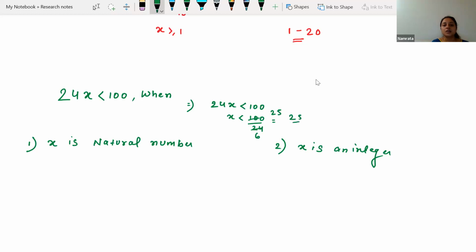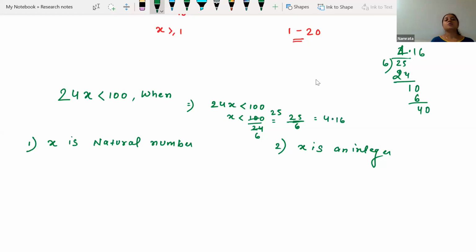If I convert it in decimal, let's convert it into decimal or mixed fraction, whatever seems convenient to you. So till 2 digits I have found, that is 4.16.